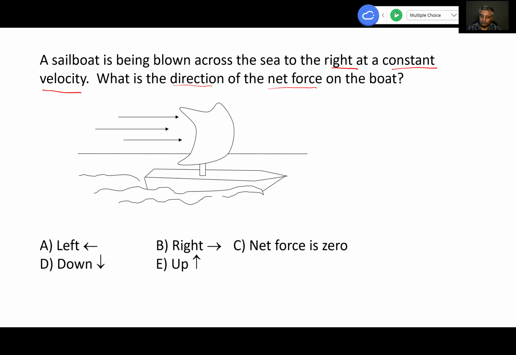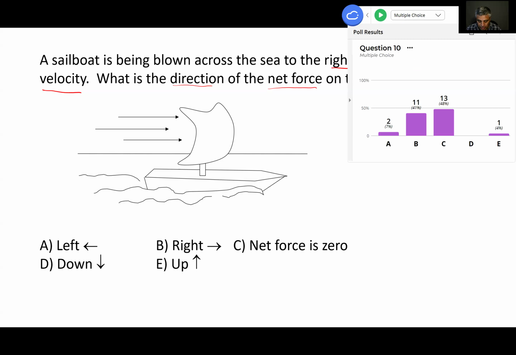Okay. So we are getting B and C, and we also have A and E.